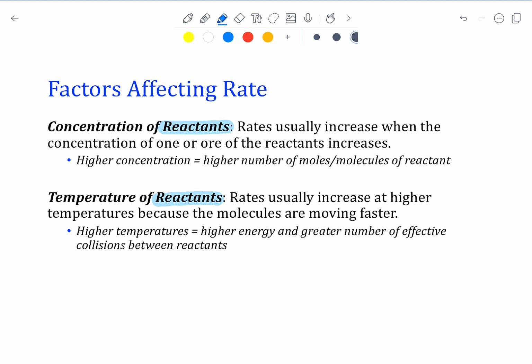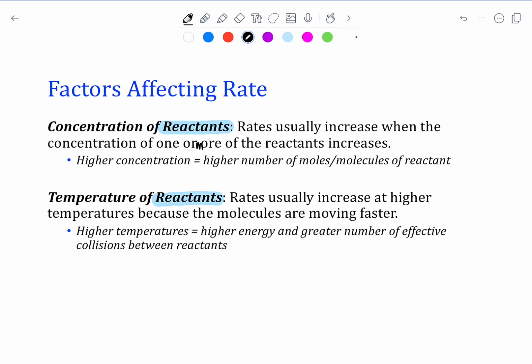So the concentration of the reactants will affect the rate, because rates will usually increase when the concentration of one or more of the reactants increases, right?